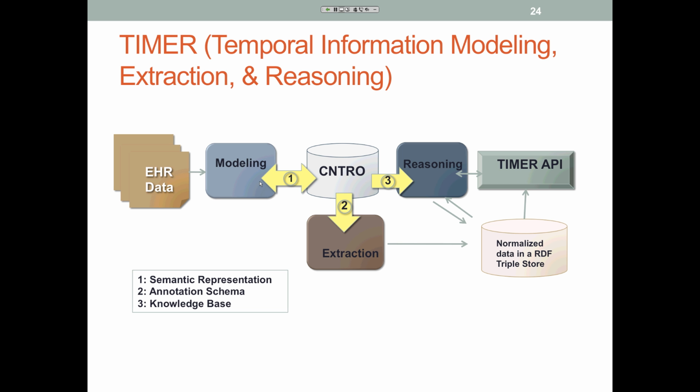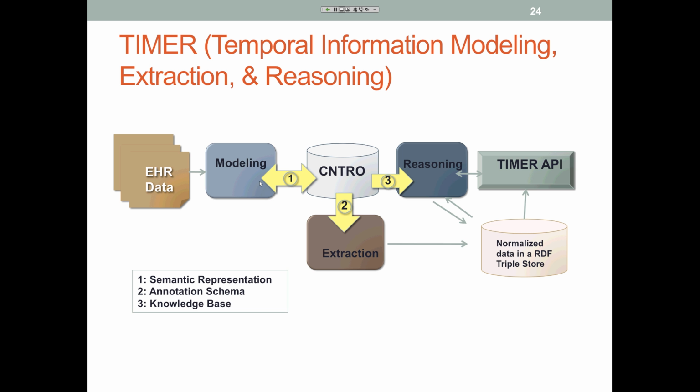For extraction, we are using this ontology as an annotation schema for the NLP pipeline so that the NLP tools can know what we want to extract. And also, we are building a reasoner on top of this ontology so that based on the extracted information, we can also infer more information if possible.